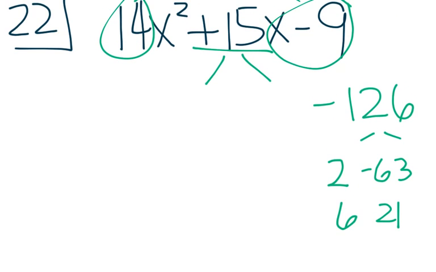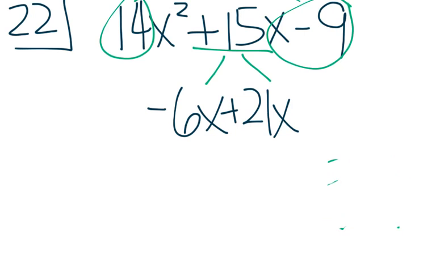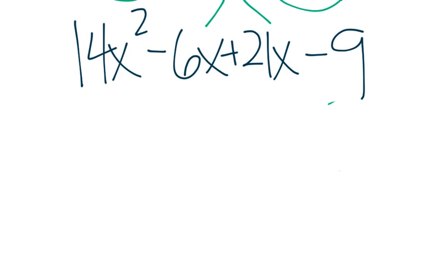And since 15 is positive, the bigger number is going to be positive. So we have negative 6 and positive 21. So we can split this up into negative 6x plus 21x. And then we're going to bring down the rest of this polynomial. So we're going to say minus 9 and then 14x squared. Okay, and now we can make our box.